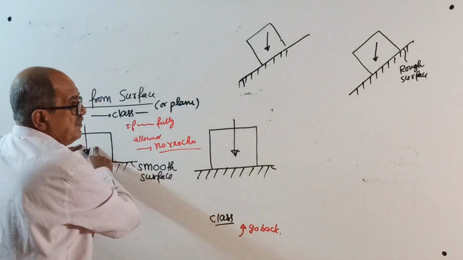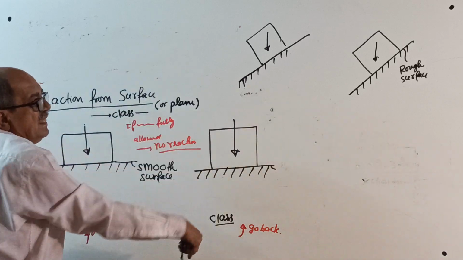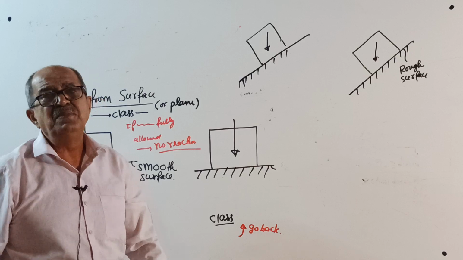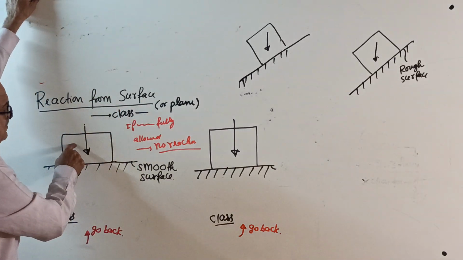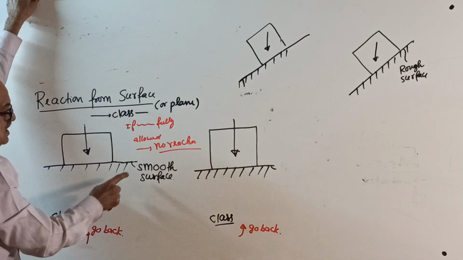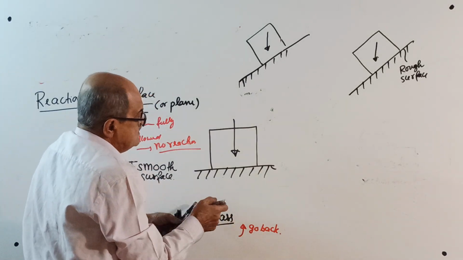Consider a body or a block. Some weight is there. See, weight is acting vertically down, resting on a horizontal surface. Now, the tendency of this weight is to go down. Surface is smooth, and here imagine surface is rough.